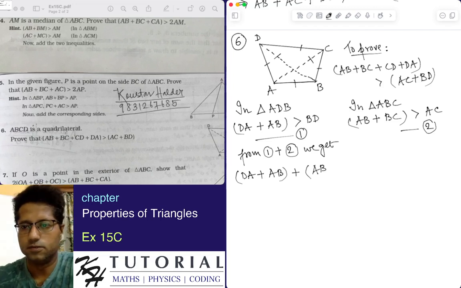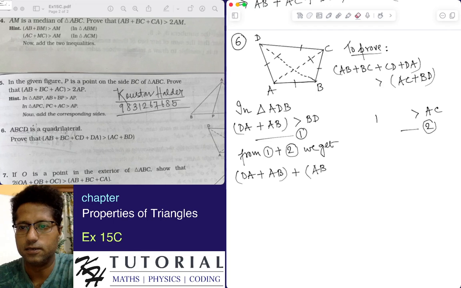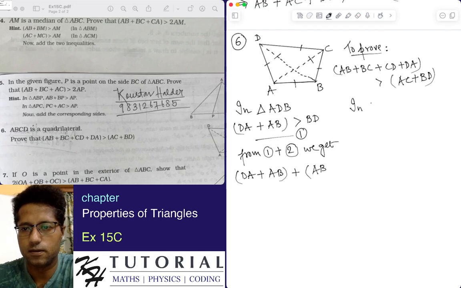Considering the triangle ABC will not help because we are not engaging the side DC. We have to somehow engage the side DC or CD. So we consider triangle ADC. In triangle ADC, we can say that DA plus DC, that is CD, should be greater than AC.